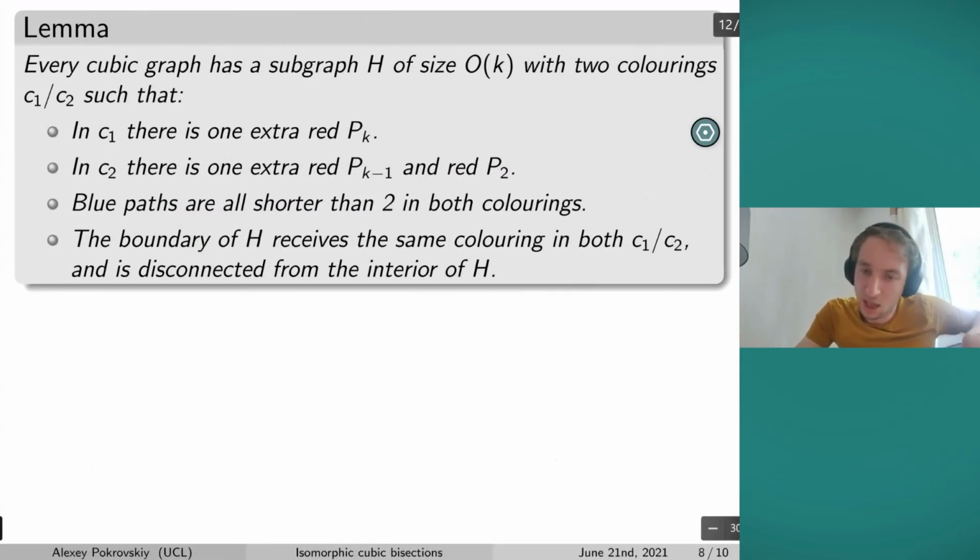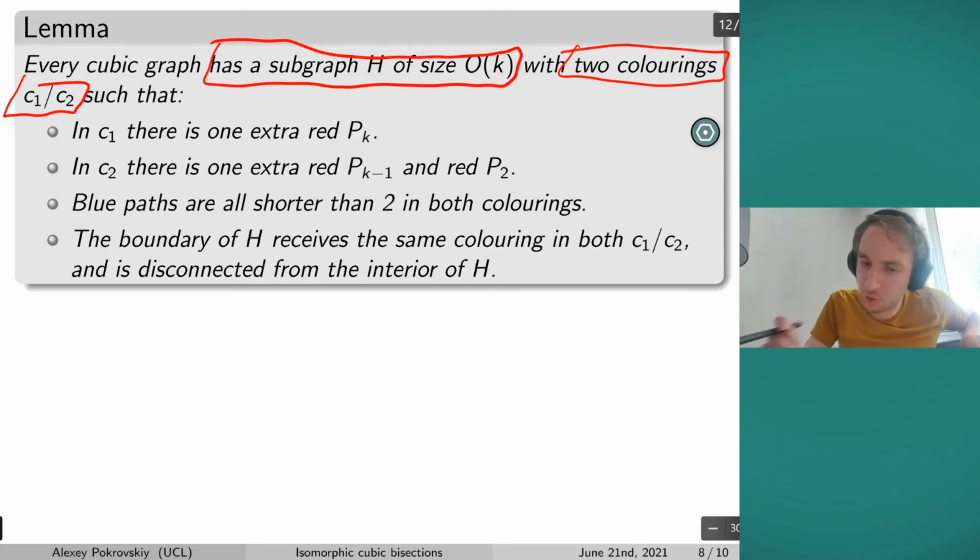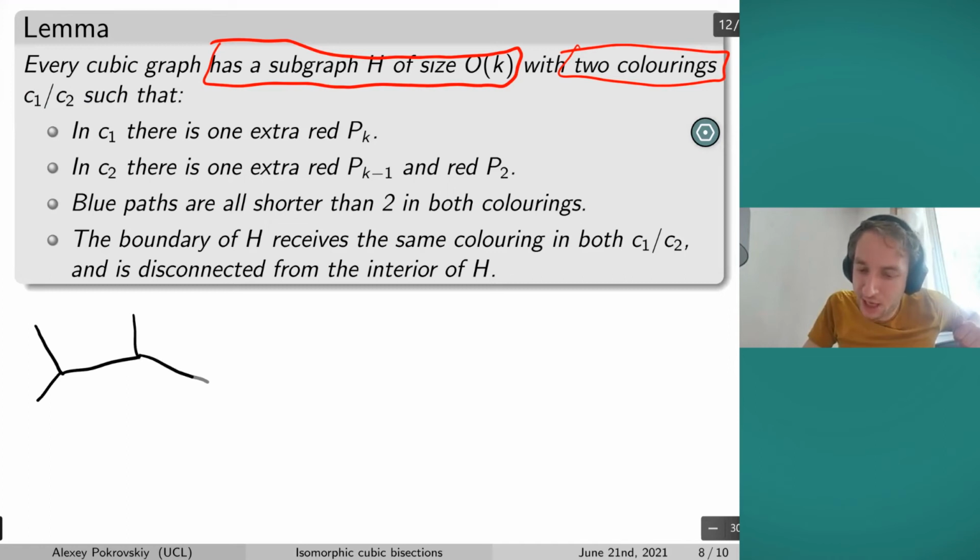So we need a lemma like this one. It's a little bit complicated. I'll just give you an example of what it's saying in a second. But what it's saying is that inside a cubic graph, you can find a small subgraph, so a constant size subgraph, with 2 special colorings, which have a bunch of properties. The properties are basically that the colorings look almost the same, except the numbers of some particular small paths change slightly between the 2 colorings.